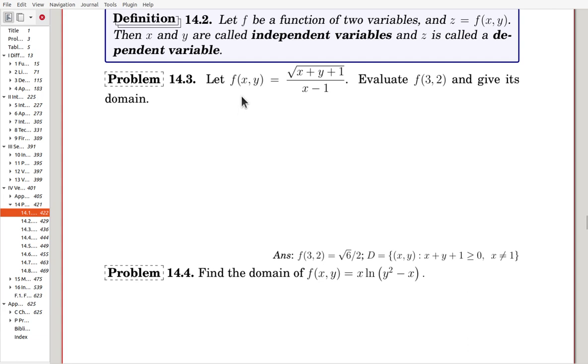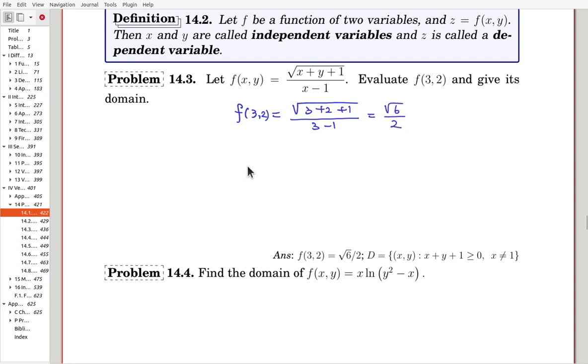First, we evaluate the value f(3, 2). That means x is 3, y equals 2. So here we have the square root of 3 plus 2 plus 1 over 3 minus 1. So the top is square root of 6, the bottom is 2.